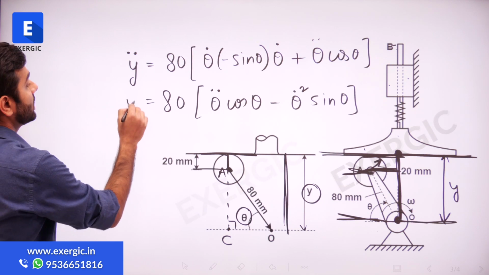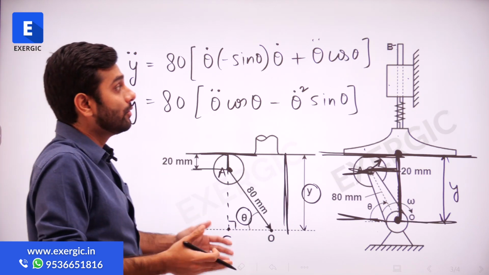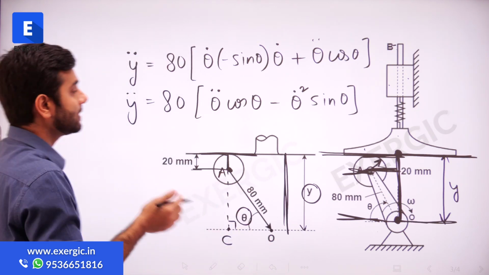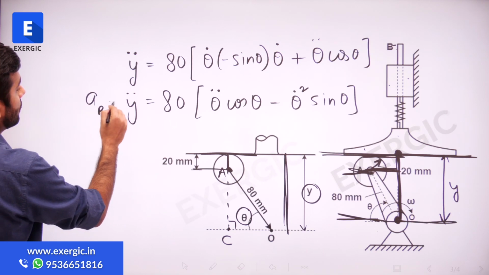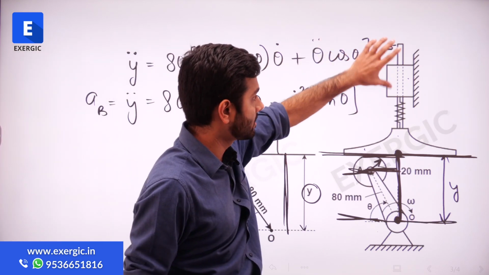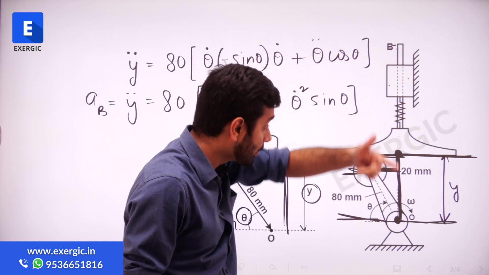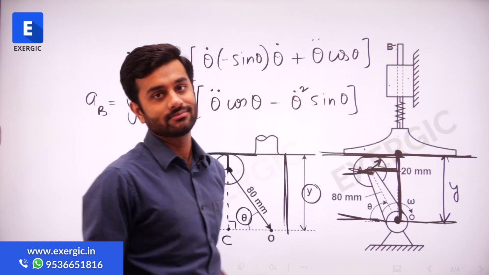And this is y double dot, which, as I told you, is nothing but the required answer, the acceleration of shaft B, because it is the acceleration of the flat surface, because it is the acceleration of this point, right?